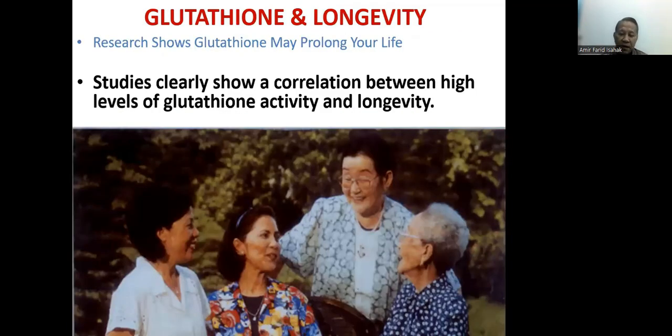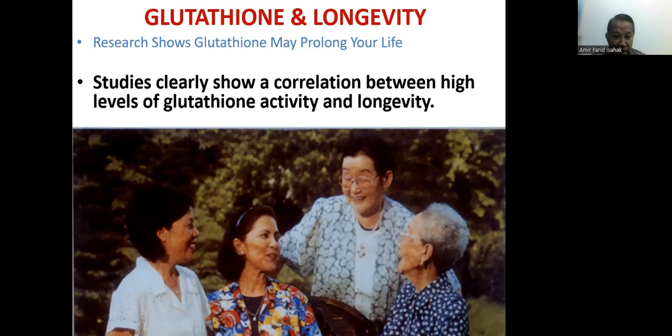Okay? So with all that, obviously, glutathione has a very huge role in our health and in how we age. And indeed, studies have shown glutathione may even prolong your life. Okay? So it's not easy to make such a claim with any nutrient.